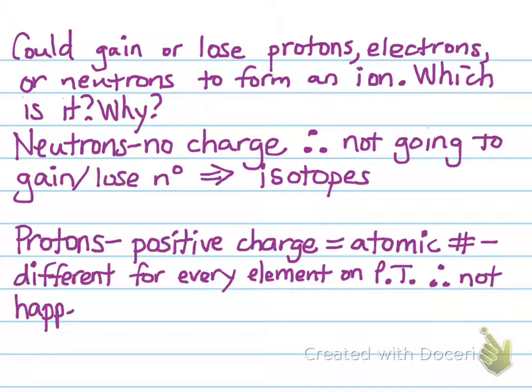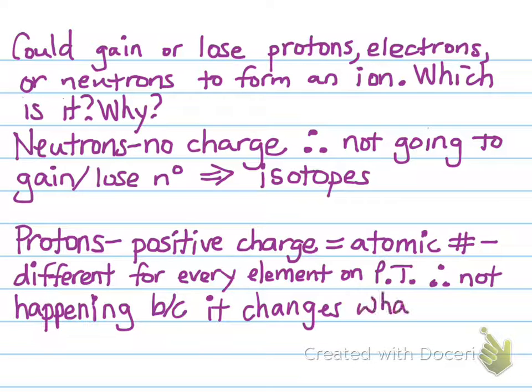It's not happening to form ions because it changes what atom we have. And we're not trying to change that. An ion is going to be the same atom, but it's going to have a positive or negative charge. So we've just said we can't lose or gain neutrons. That's what we do when we have isotopes. We can't lose or gain protons because that would change what atom we have.